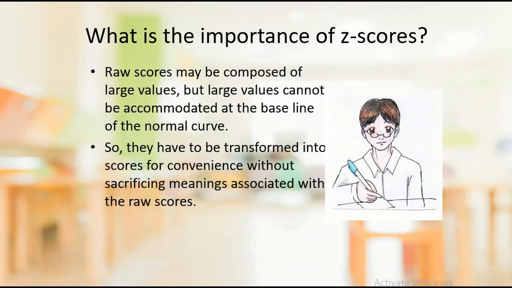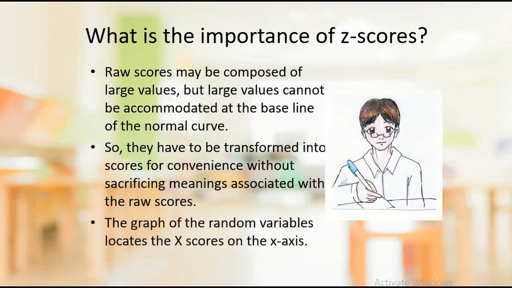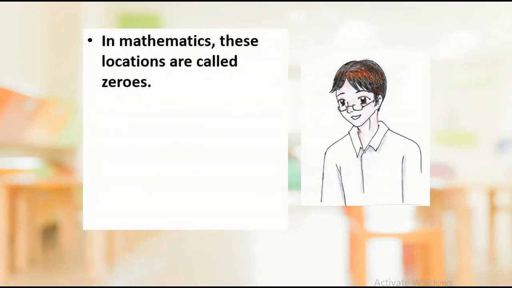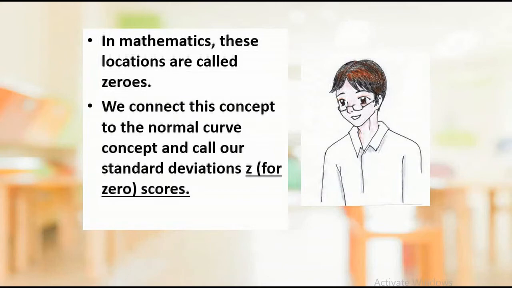The graph of the random variables locates the x-scores on the x-axis. In mathematics, these locations are called zeros. We connect this concept to the normal curve concept and call our standard deviations z for zero scores.